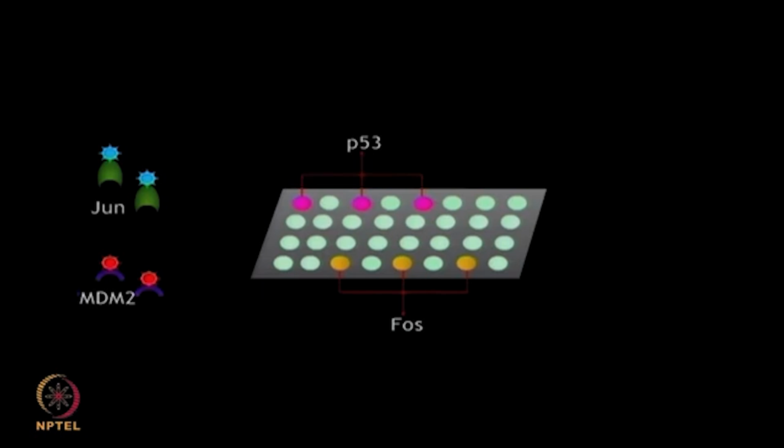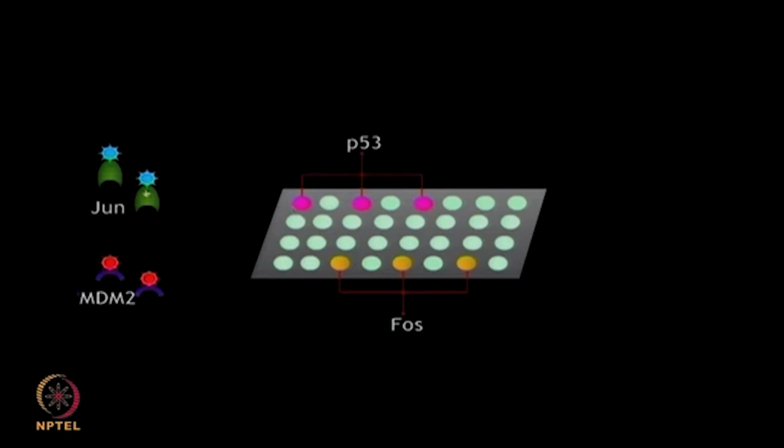Now, by using this interactivity, let us match the protein interacting pairs such as Jun and Phos, P53 and MDM2 by dragging the query to the correct protein on the array surface in order to see the signal output. So, on the array surface there are both P53 and Phos proteins present.